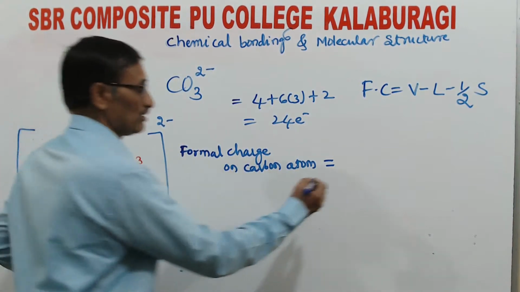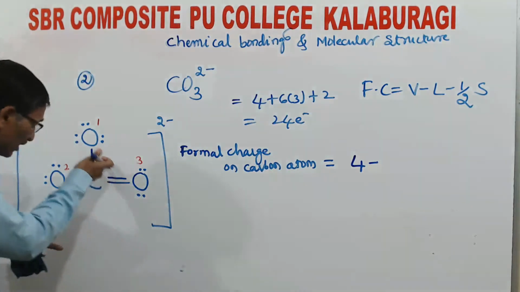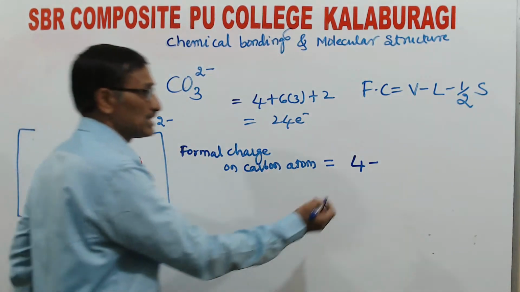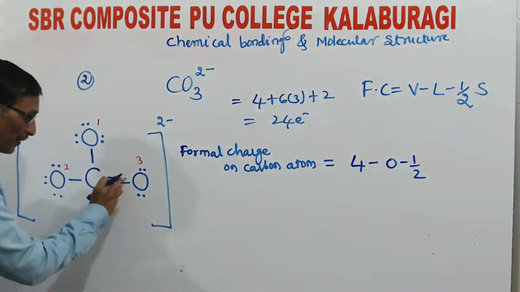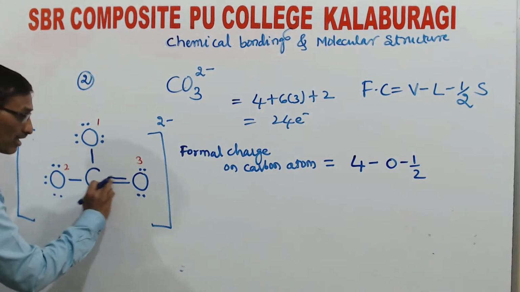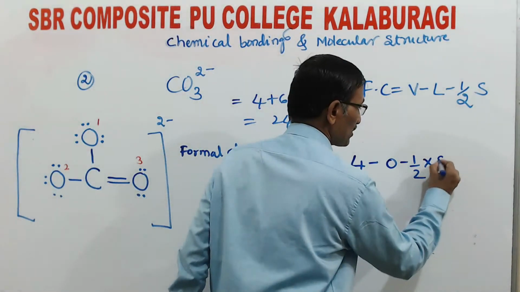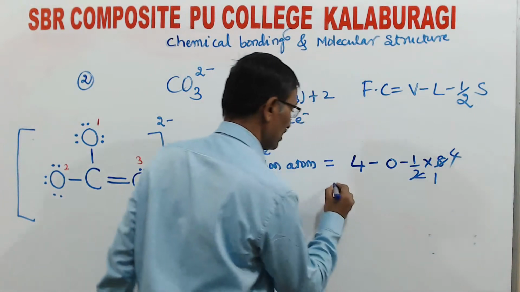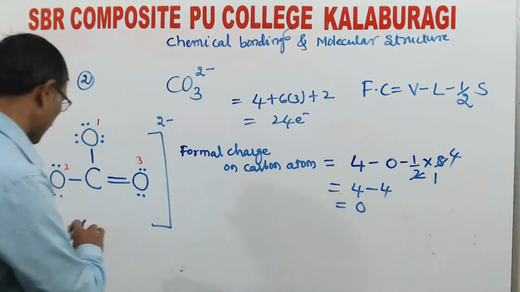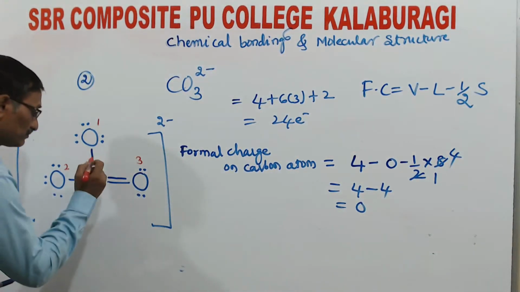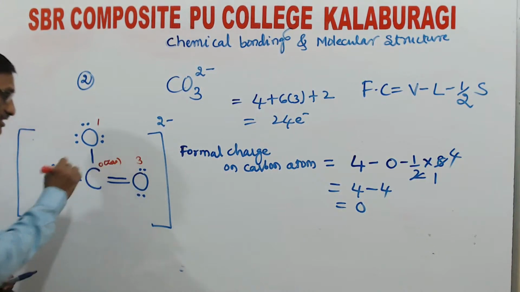How many? Everybody knows, 4. Lone pair of electrons: is there any? No, 0. 1 by 2 into shared pair of electrons, bonded pair or shared pair: 1, 2, 3, 4, 5, 6, 7, 8. Into 8, 2 fours are, 4 minus 4, that is equal to 0. So right here, 0, for this carbon.